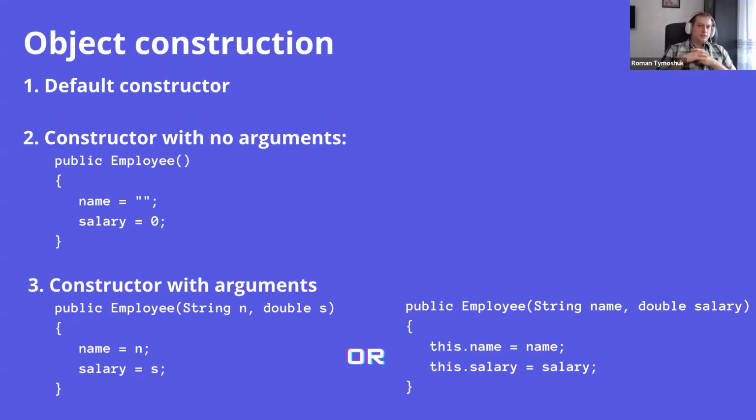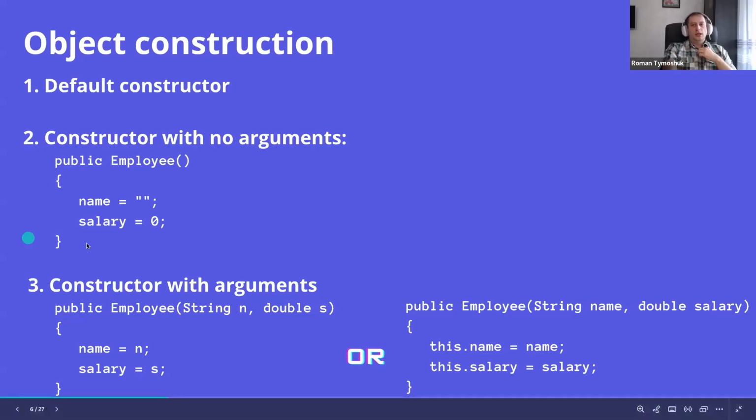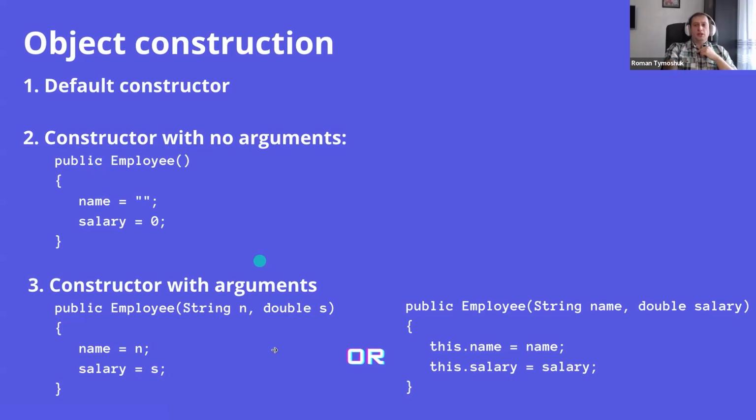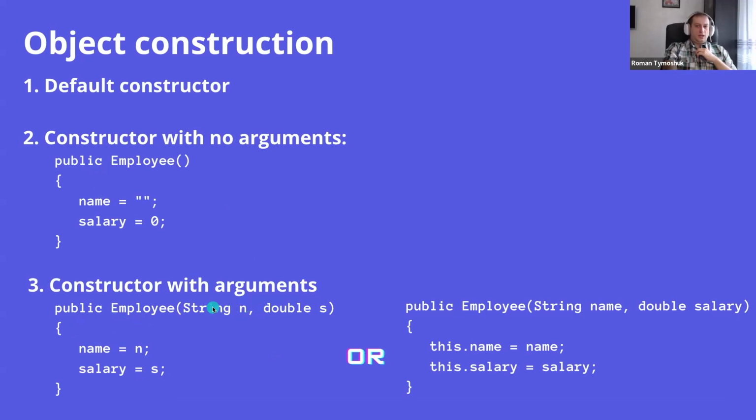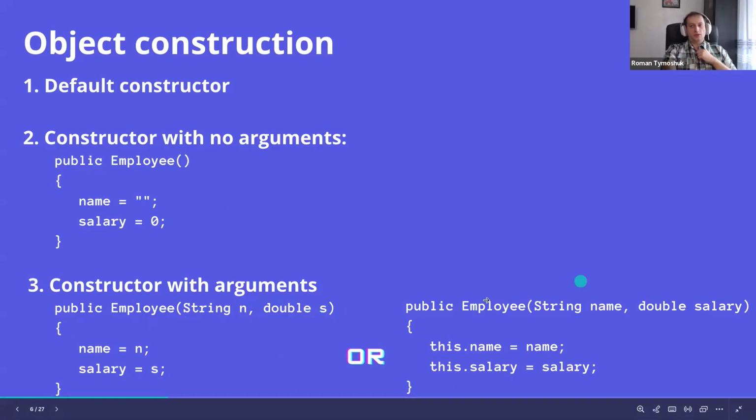We are explicitly saying what it should be, how it should be defined by default. Also, constructors may have a bunch of arguments. Again, if we are defining an employee, we can already say that the name should be assigned and the salary should be defined as well.